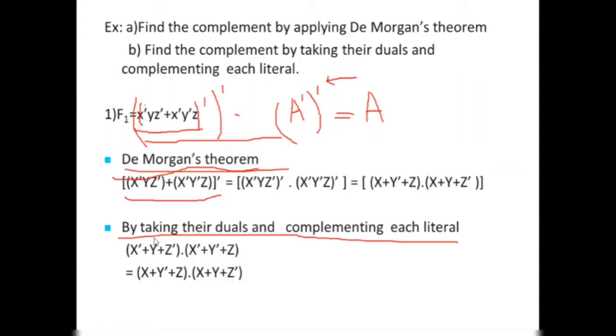It is converted into the dual: if you find an AND sign, it's converted into a plus sign, and again here. Then you get the plus of that whole term and convert that plus sign into a dot. That's how you take the dual, and then you complement each literal to convert it into the corresponding complement of F1.